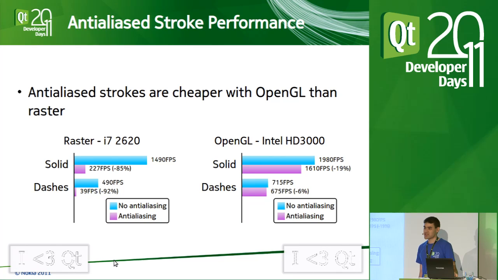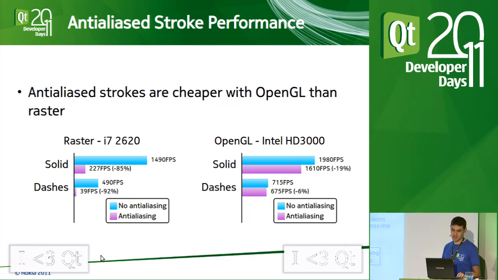Stroking is not very optimized in the Raster paint engine, at least when it's anti-aliased. So when we generate strokes, we generate a complex painter path that we then fill. And with that you can lose a lot of performance because, as I mentioned in the previous slide, the complexity of the fill affects the performance of the anti-aliasing.